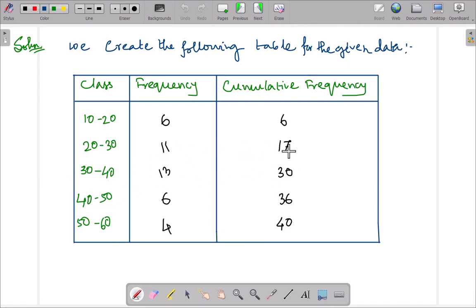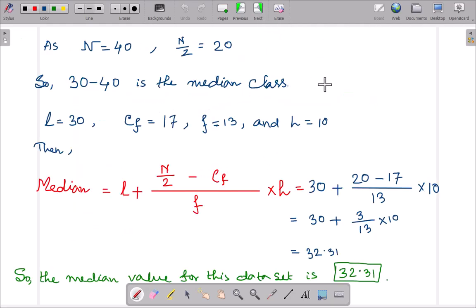Now note that the cumulative frequency 20 lies in this interval 30 to 40. So that's why 30 to 40 is the median class.